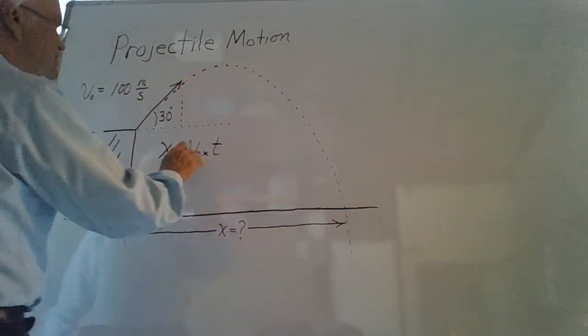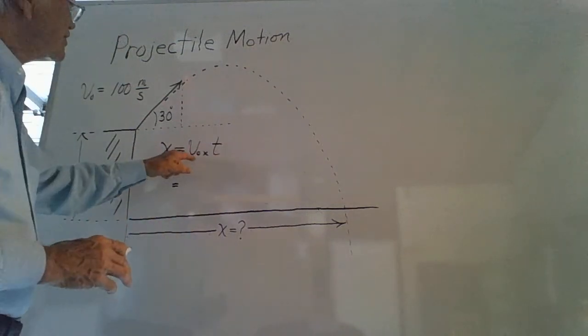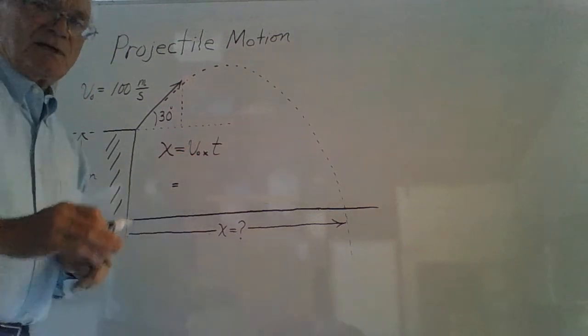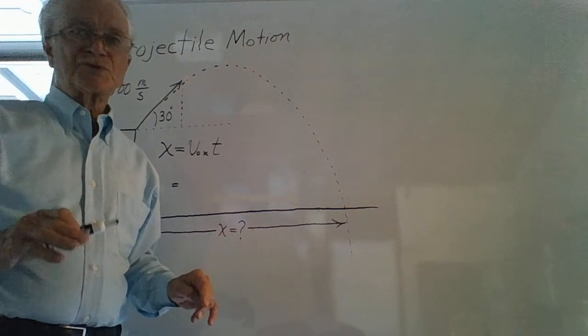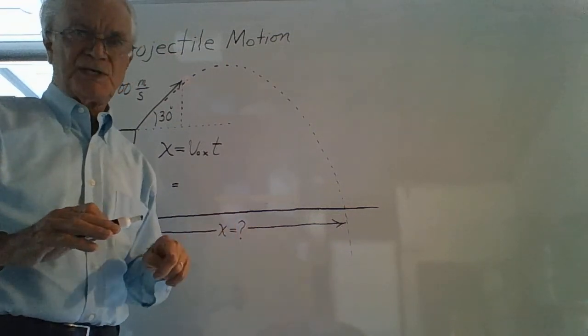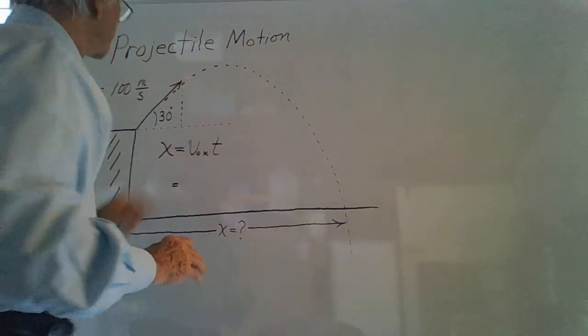The horizontal distance traveled in a time t of a projectile is equal to the x component of the initial velocity. The x component of the velocity in projectile motion doesn't change, so whatever it once was, it will always be. Question is, what is v naught x?